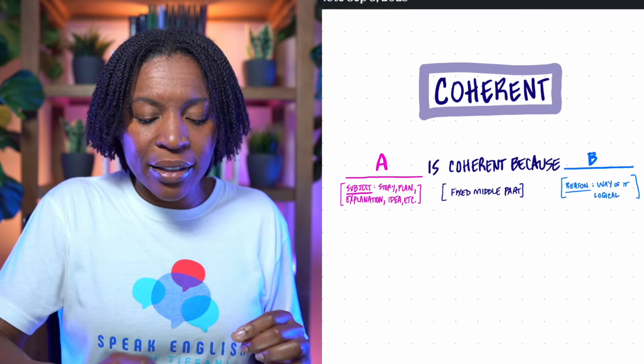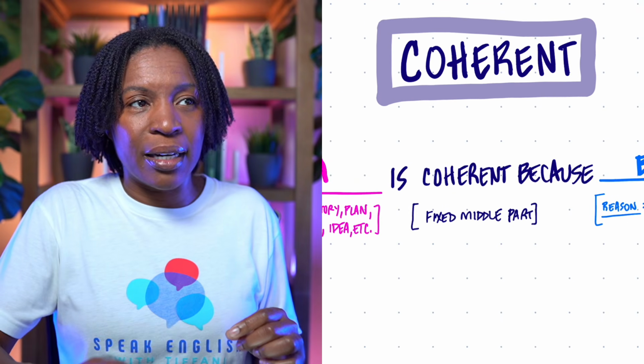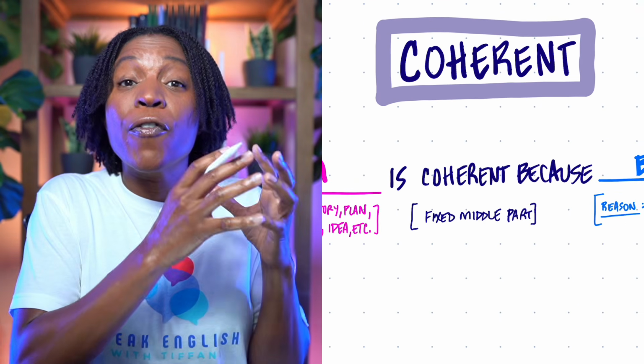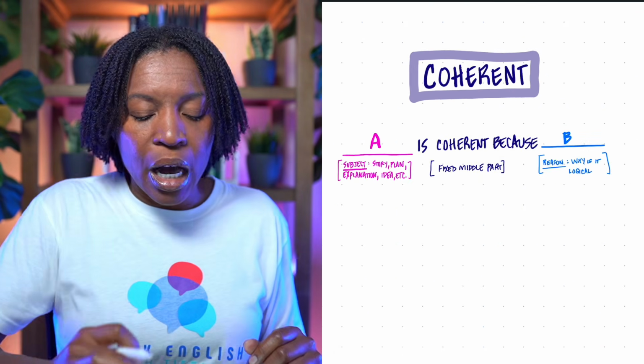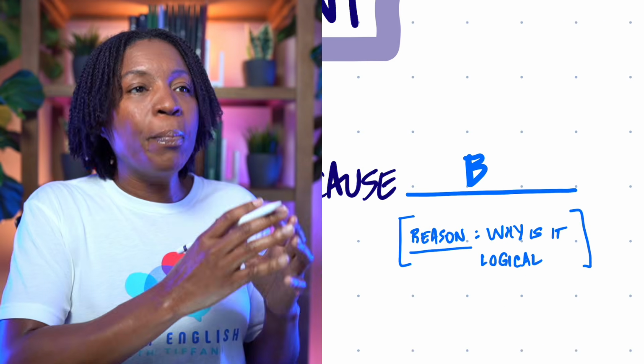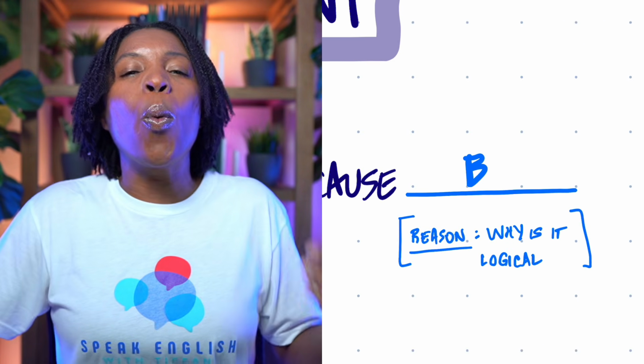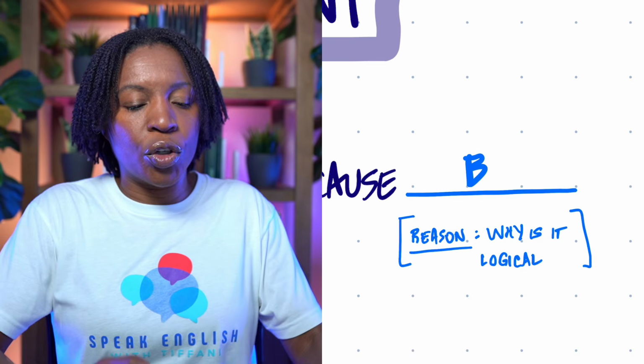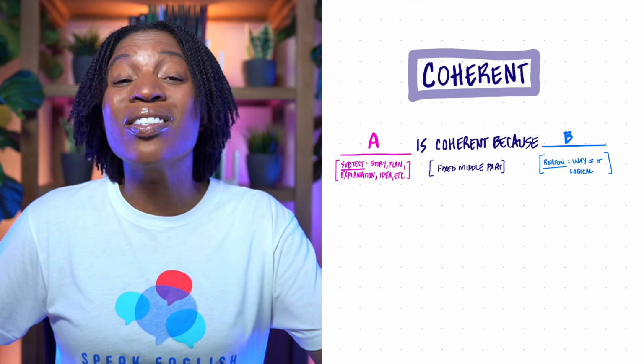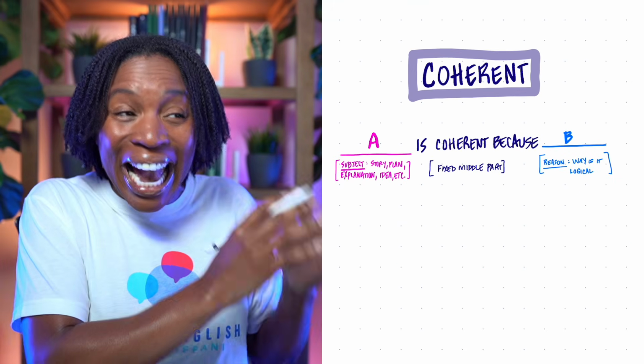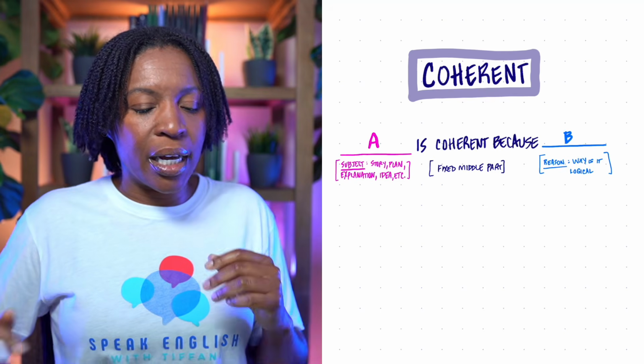So the subject is coherent because, and this portion is the fixed middle part, because letter B. Letter B is the reason why it is logical. So once again, our sentence pattern is A is coherent because B.